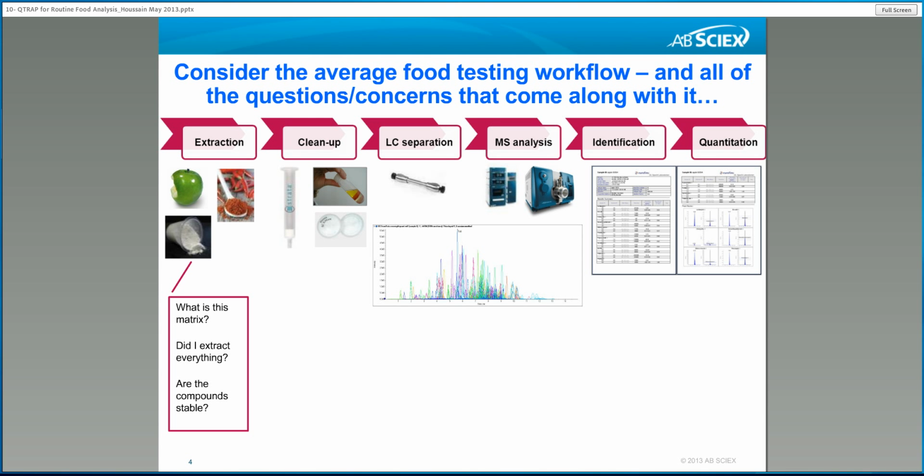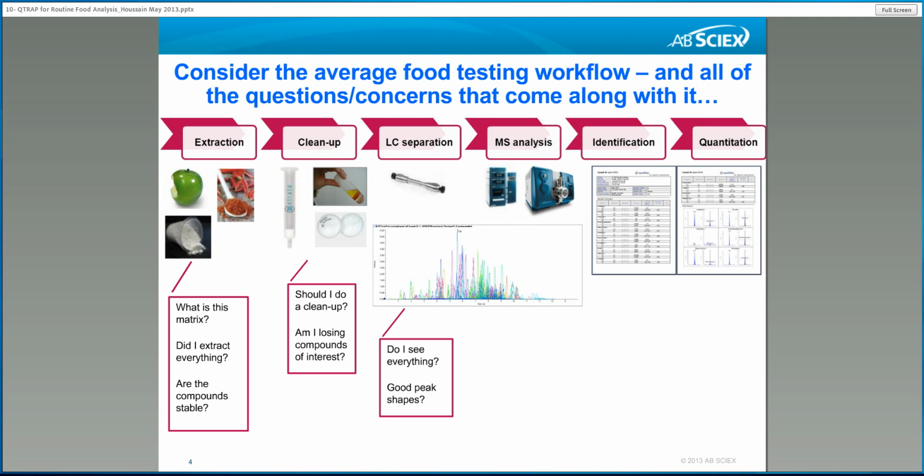So once again, the key overall question for a routine testing lab is what is in the sample and how much of it is there. Everyone that is doing or has done food testing is aware that there are many questions that can arise at each step of the processes. This includes understanding the composition of the matrix to ensure proper extraction and cleanup, and the hardware optimization to ensure excellent peak shape and sensitivity in both the LC separation and mass spec analysis.